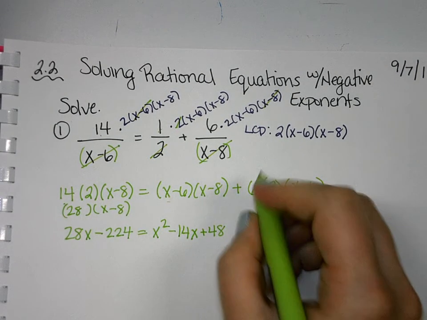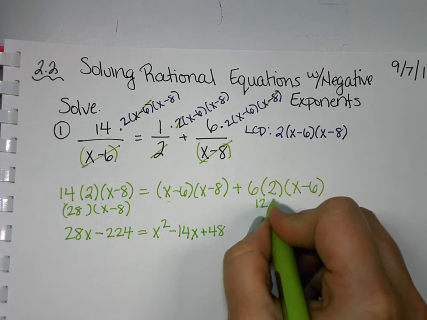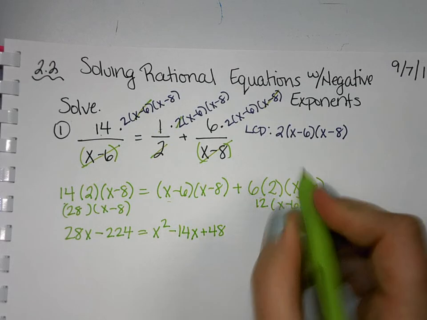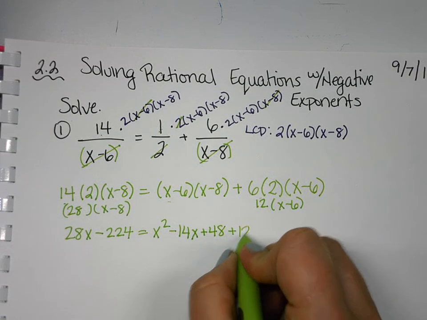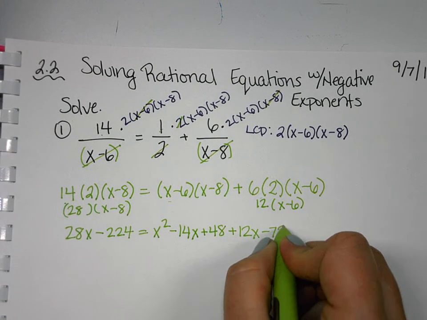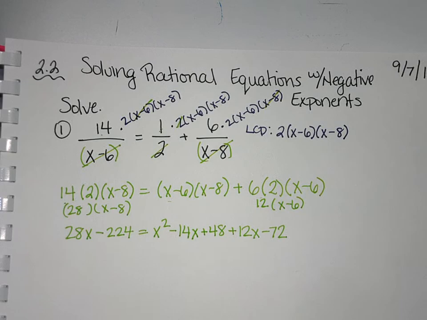I'm going to multiply these two together to get 12, and then I'm going to distribute the 12 to the x minus 6. So plus 12x minus 72. Okay, so I've got everything multiplied out, and now I'm going to combine like terms on each side.